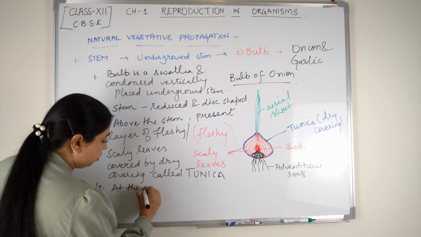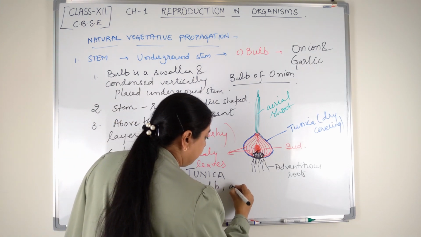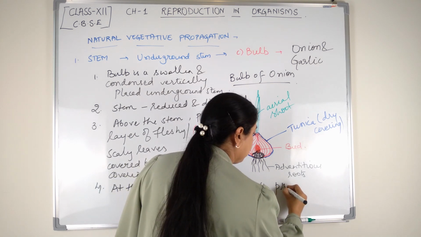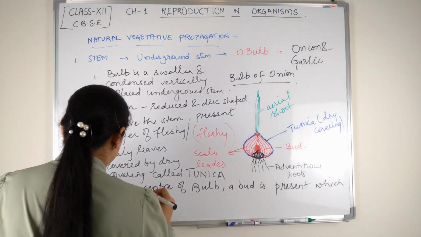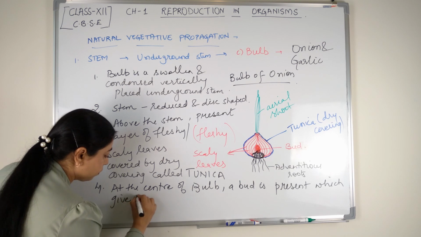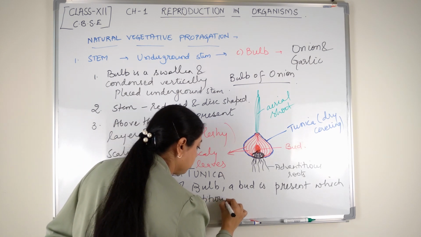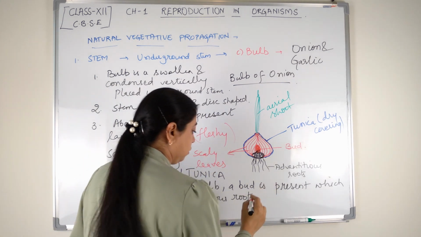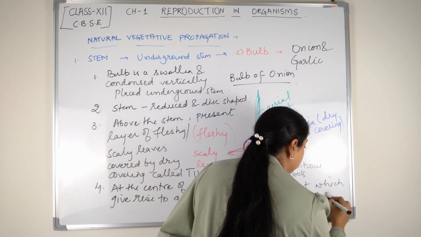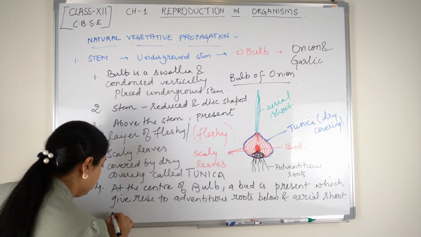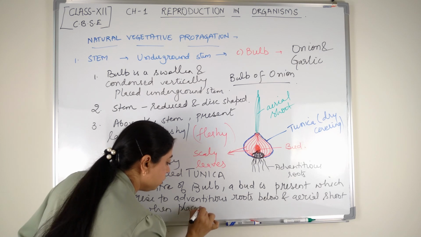At the center of the bulb, a bud is present, which gives rise to adventitious roots below and aerial shoot above when placed in the soil.